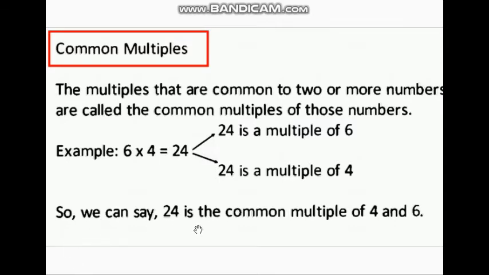So we can say 24 is a common multiple of 4 and 6 because 24 is coming in both the tables of 4 and 6. We can say 24 is common to both the numbers 4 and 6. Just pause the video and you can write in your maths notebook.